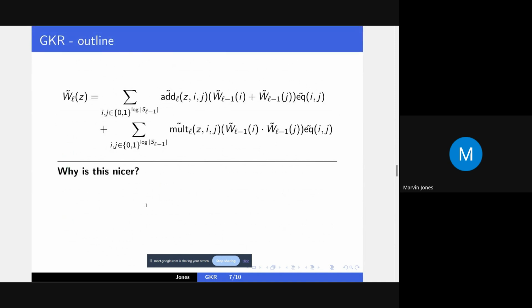You took something that looked really nice over there, and I'm now telling you that this mess is nicer. So why? Well, the reason this is nicer is because the line that looks really nice is a statement about discrete values in an array. This is a statement about polynomials.